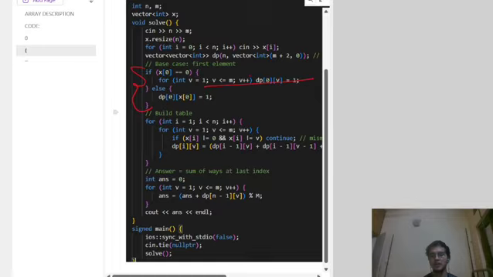If we are at index 0, we can have all the possible combinations of v, and that is one way each. And if we are again at index 0 and the value is known to us, then again we have one way only to consider it. After that, we will build the DP table. We are going from the first index to the last index, and the values which are not known to us can be from 1 to m.